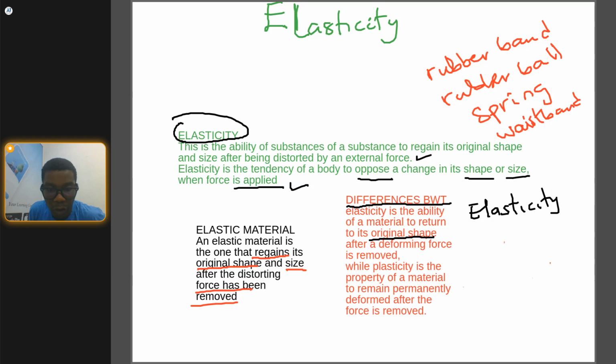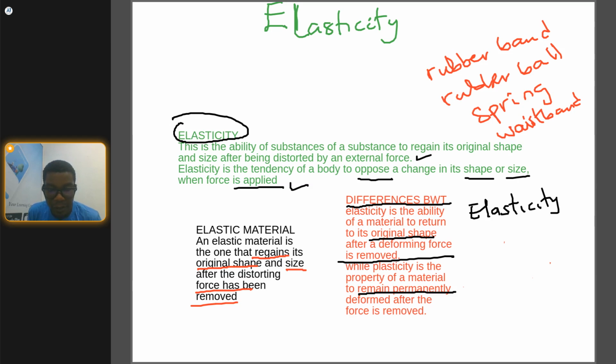Now, what about plasticity? Plasticity is the property of a material to remain permanent.